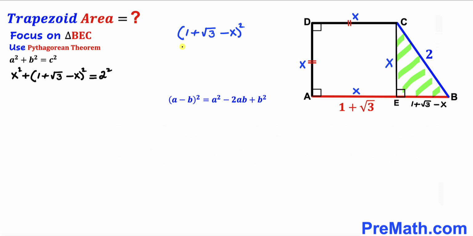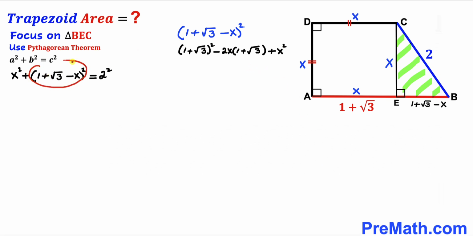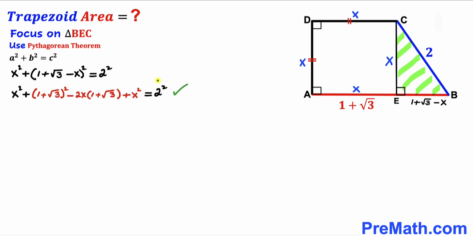So this could be written as (1 plus square root of 3) whole square minus 2 times x times (1 plus square root of 3) plus x square. As you can see in this next step, I have replaced this whole thing by this part.